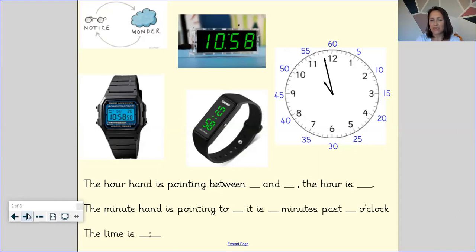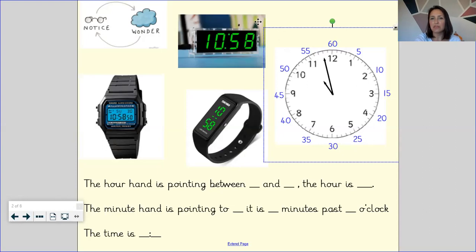So let's look at this analog clock face first. The hour hand is pointing between the 10 and the 11. The hour is 10. The minute hand is pointing to 58. It is 58 minutes past 10 o'clock. The time is 10:58.